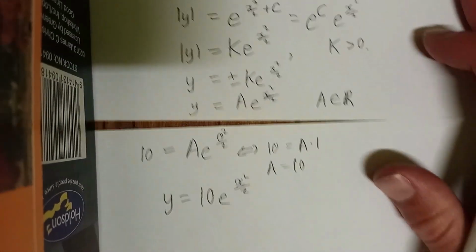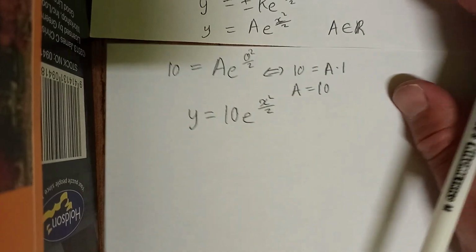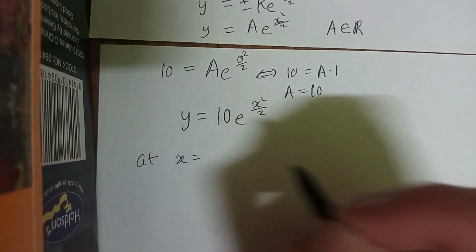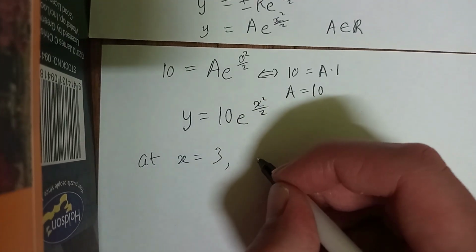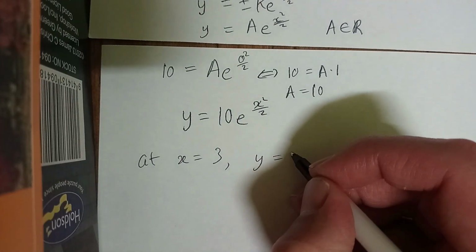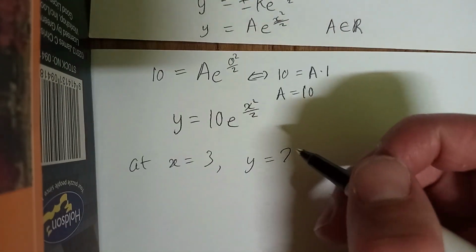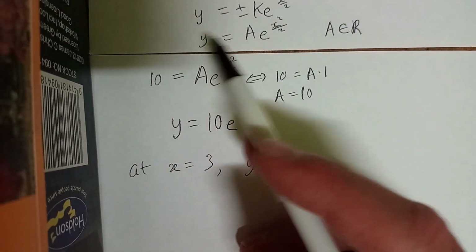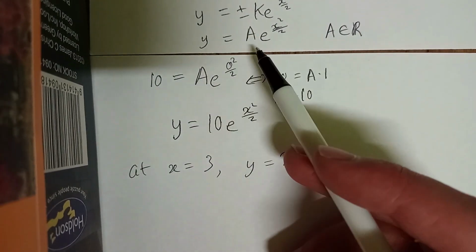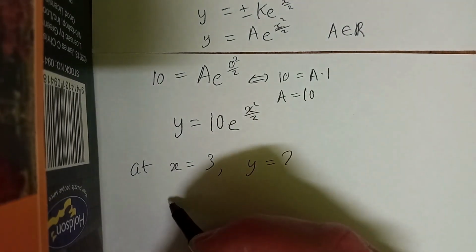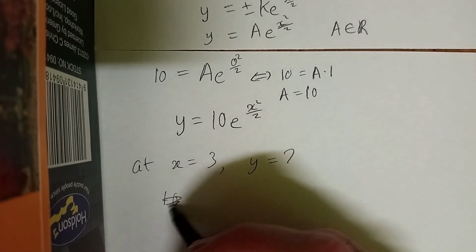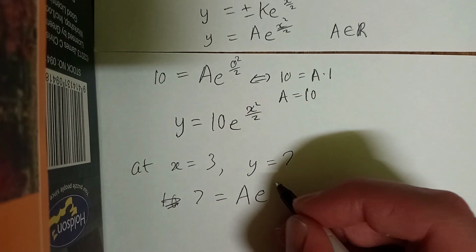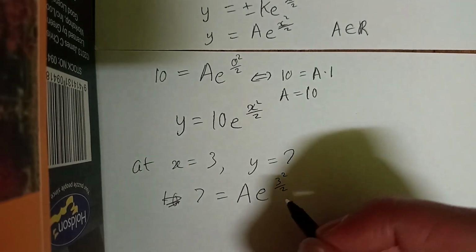If we'd had some other condition, say for example at x equals 3, y equals 7, then we could have substituted that also into the solution to the differential equation, which would have given us 7 equals a e to the 3 squared over 2.